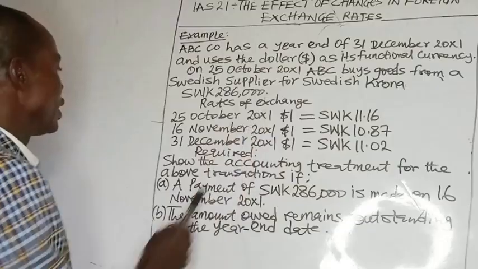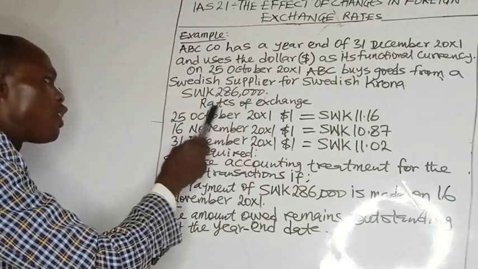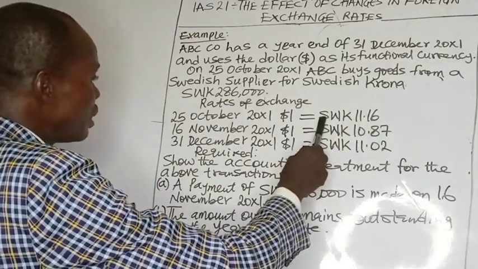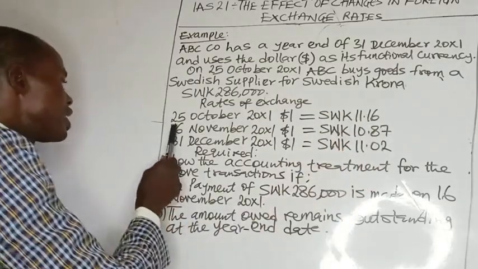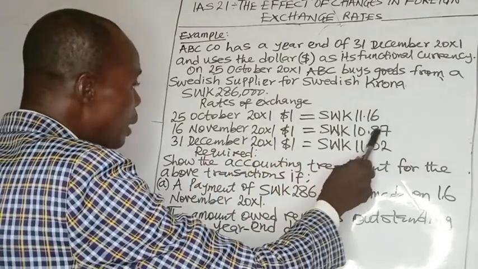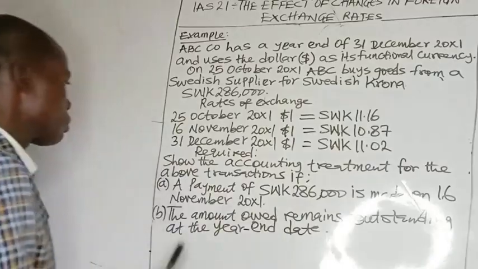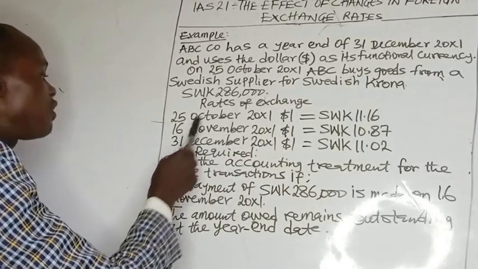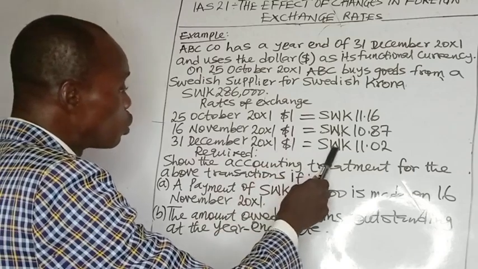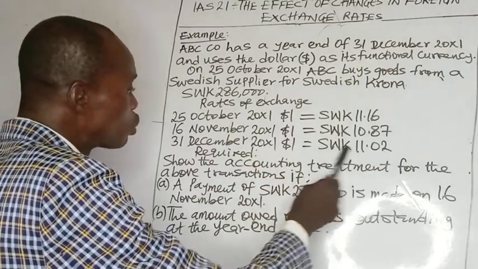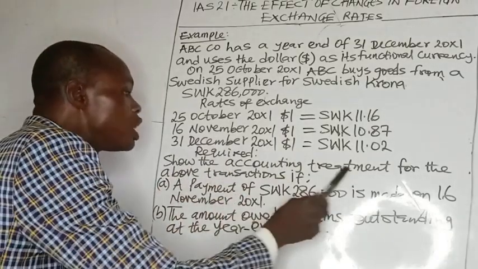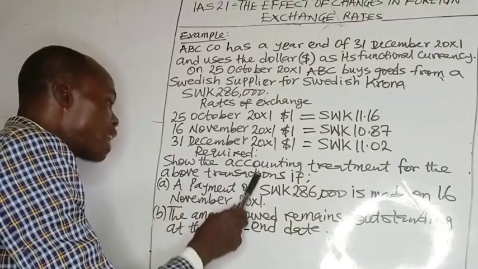Rates of exchange: at 25th of October 20X1, $1 equals 11.16 Swedish krona. On the 16th of November 20X1, $1 is equivalent to 10.87 Swedish krona. On 31st of December 20X1, $1 is equal to 11.02 Swedish krona.